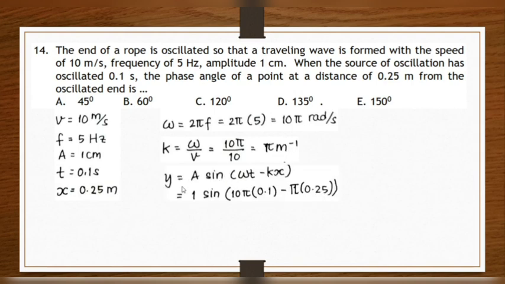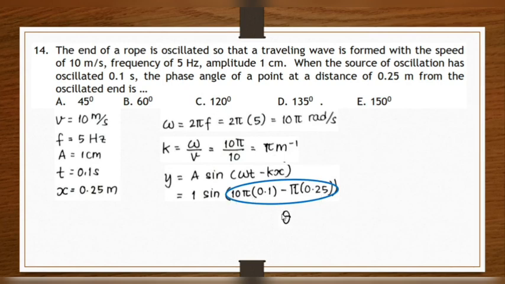And the general equation is A times the sine of omega t minus kx. The amplitude here is 1 centimeter times the sine of 10 pi times the time, which is 0.1, minus k, which is pi, and x is 0.25 meters. So we have the theta here, the phase angle.